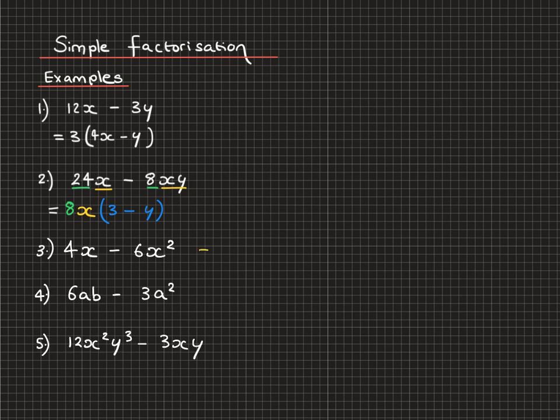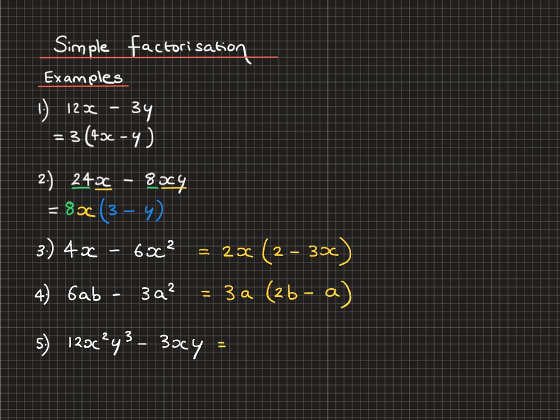So question 3, I'm going to take 2x outside the bracket, leaving me with 2 take away 3x inside the bracket. Question 4, I'm going to take 3a outside the bracket, which leaves me with 2b subtract a inside the bracket.